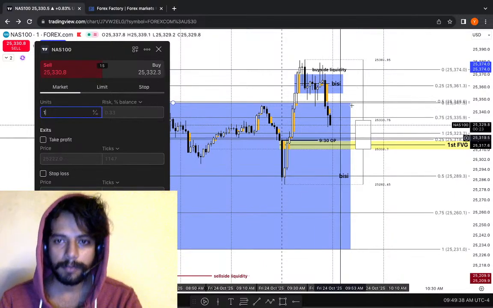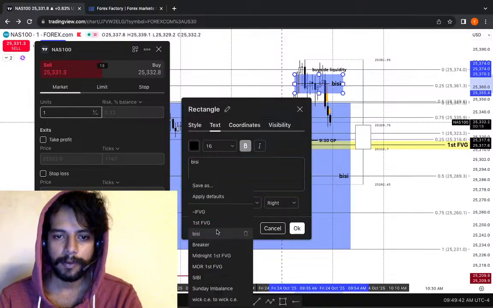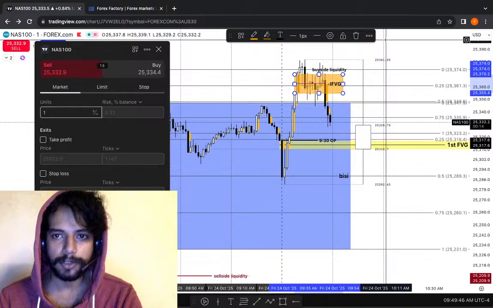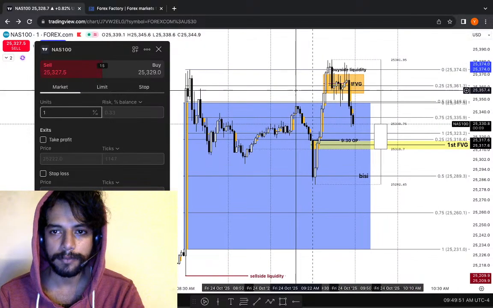So now this buy side imbalance, sell side inefficiency is going to act as the inversion. That's what I'm looking at.